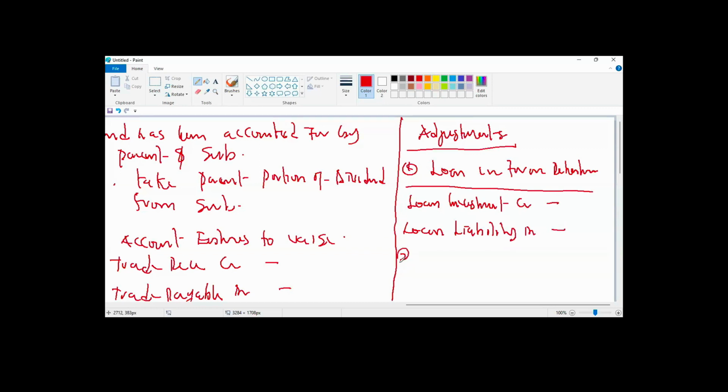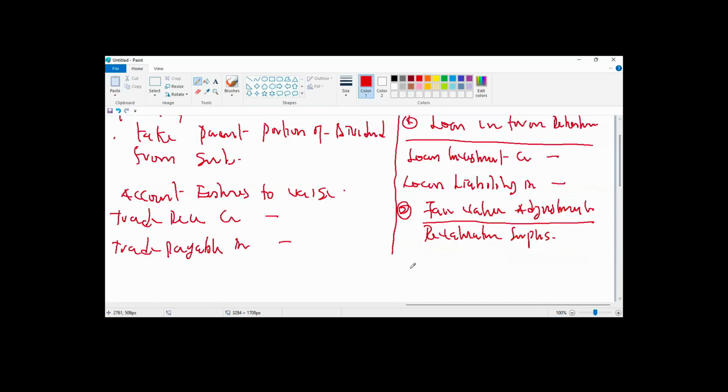Two, fair value adjustments, which is purely revaluation surplus. By saying my PPE debit plus, reserve credit plus.